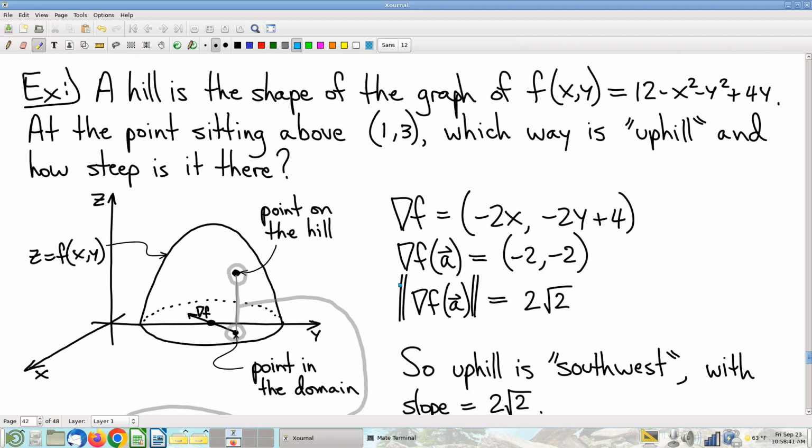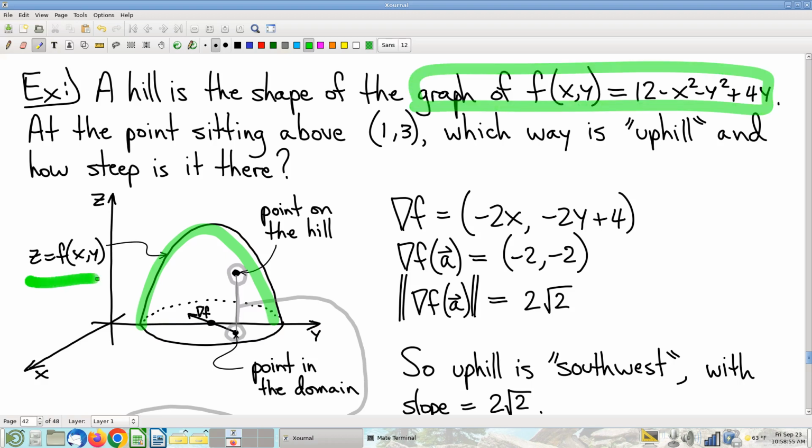Okay, so here's an example. Suppose that you're looking at a hill. So there's your hill. It's in the shape of the graph of a function. So that means z equals f. Height is a function of maybe longitude and latitude, but let's just say x and y.